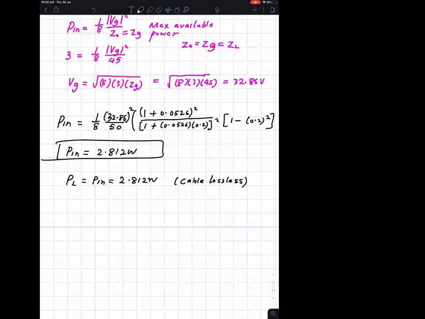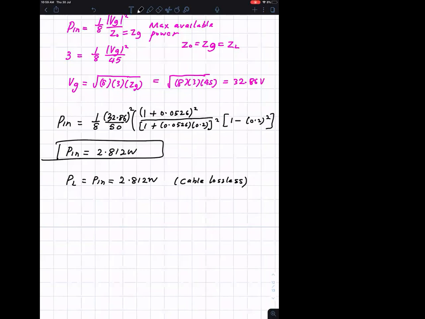Can somebody tell me, please? Yes, sir. Why was the available power 3 watts, the cable lossless, but the power that reached the load is only 2.8 watts?